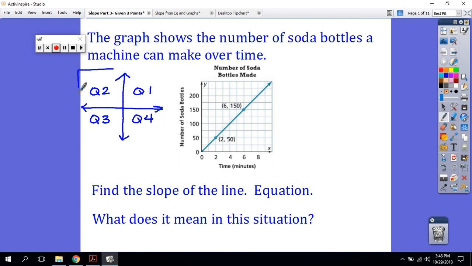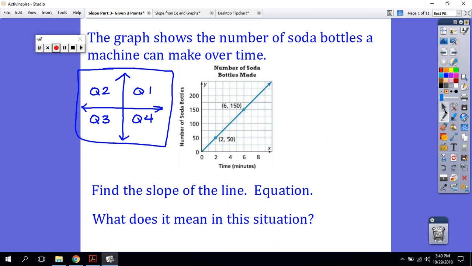We got kind of the zoomed out view of our lines. Sometimes the lines would go this way, or sometimes the lines would go this way, or sometimes we had a line going vertically or horizontally, but they somehow always showed us all the quadrants.